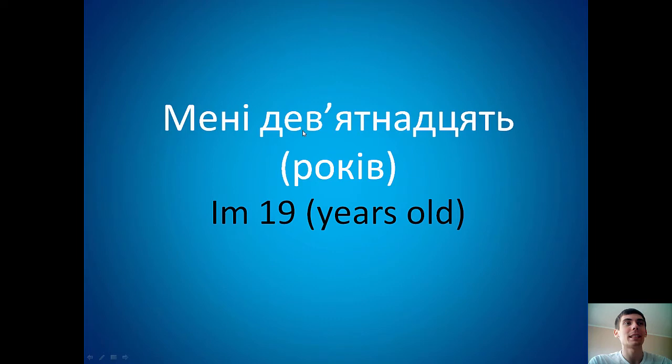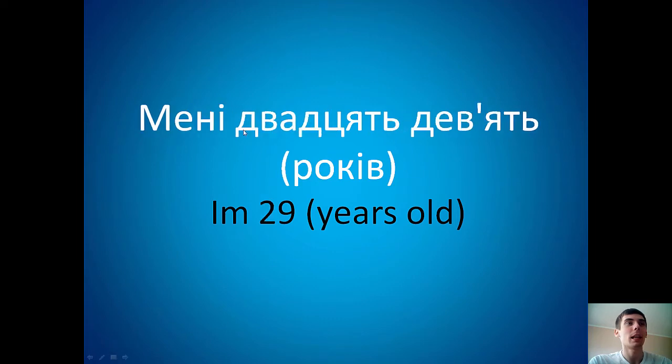Мені 19. Next, one more example. 29. Мені 29. And you can omit years old. It will be perfectly clear and perfectly okay in Ukrainian language. Everybody will get you.